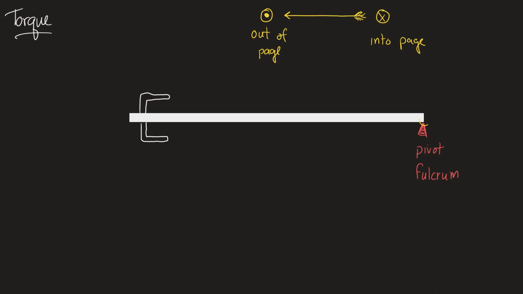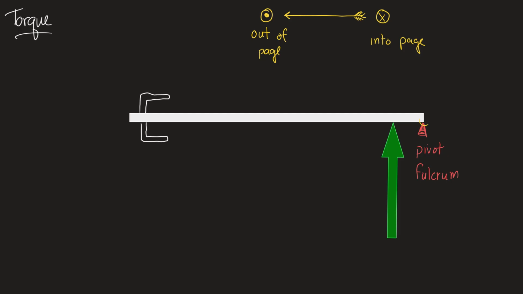We determined yesterday that if we want to open the door, we will have to apply a force to the door. And to do so, we have choices about where we could apply that force. We could apply the force further away from the point of rotation, and we know that that makes it easier to open the door, and that the closer we get to the point of rotation, the more difficult it is for us to open the door.